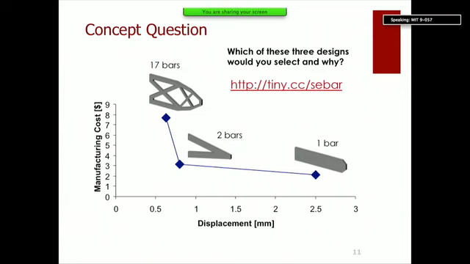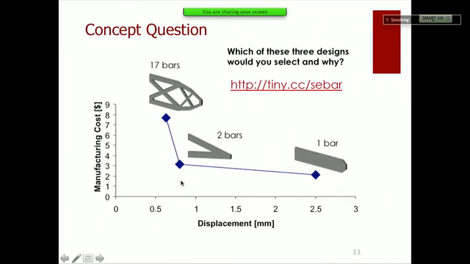And so we can actually show these 3 choices here on a manufacturing cost per unit cost versus the structural displacement under load chart. So our simple design, our 1-bar design, has a displacement of 2.5 millimeters under load, and it costs about $2 to make.